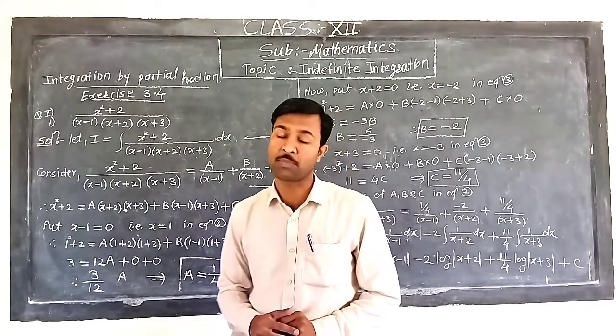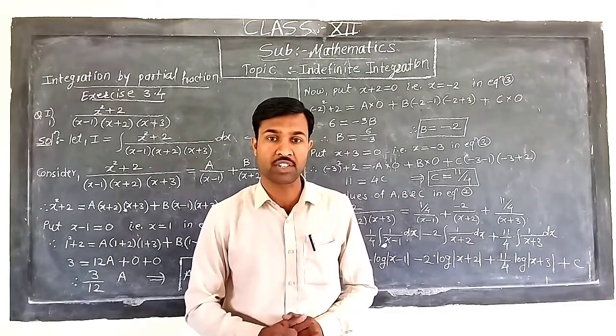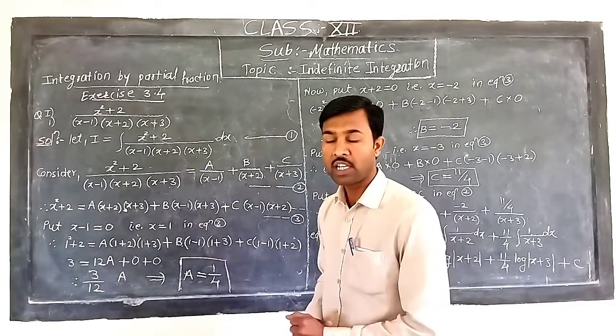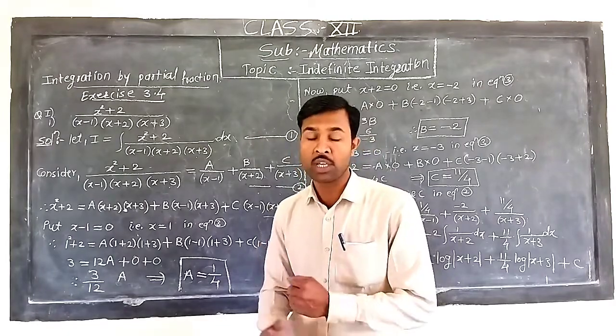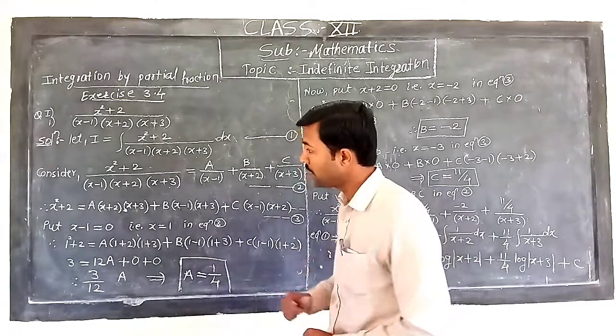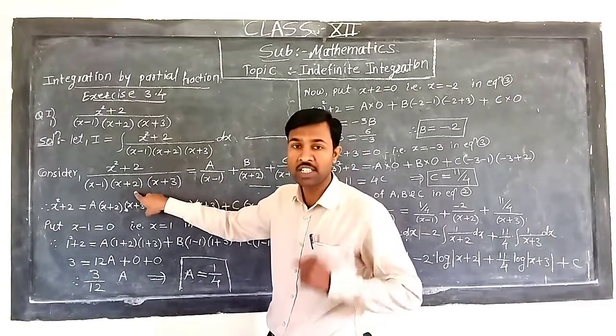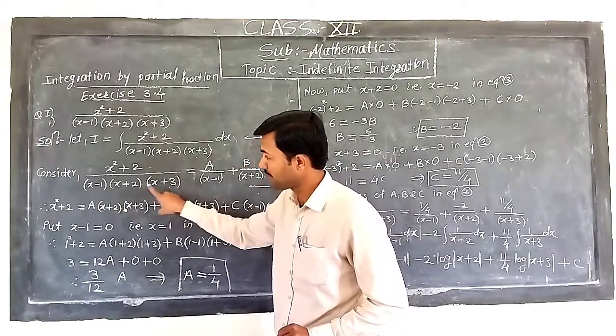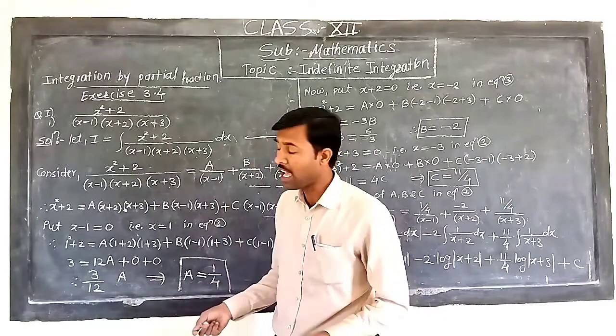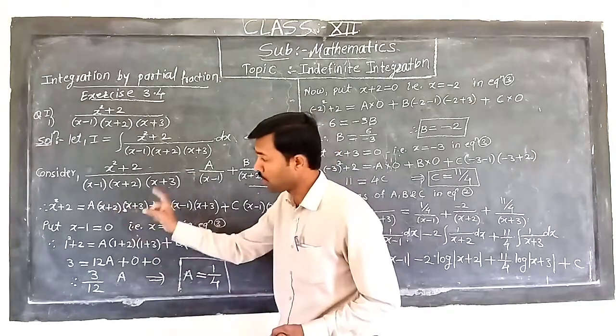And when there is a proper rational function, we have to use partial fractions. Whenever we use partial fractions, we have to look at its type. Here the factors in the denominator are linear as well as non-repeated.